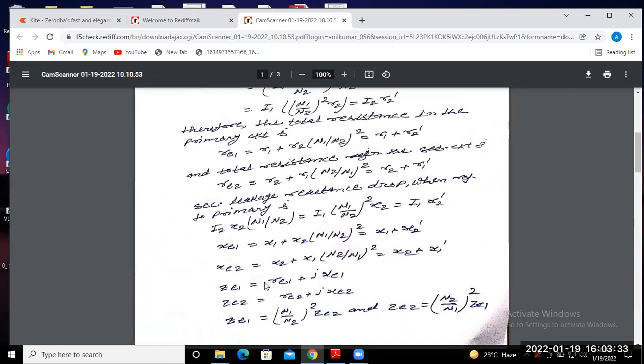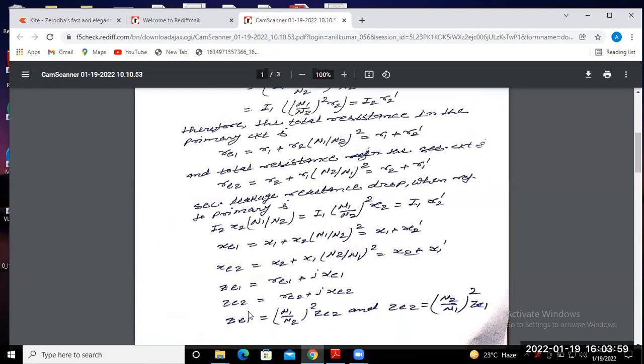So similarly, we can represent the total equivalent leakage impedance of the primary side referred to the primary side. That means R equivalent, the total resistance referred to the primary side, plus the total equivalent leakage reactance referred to the primary side. Okay, so impedance is equal to Re1 plus jXe1.